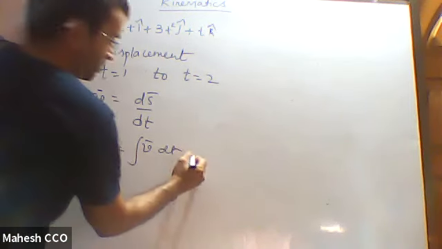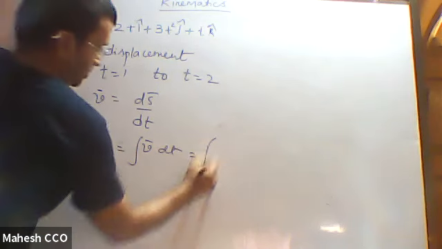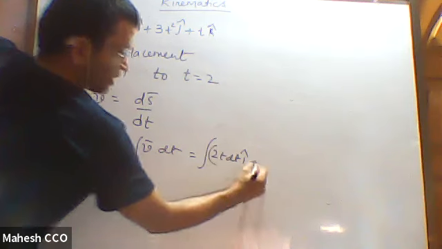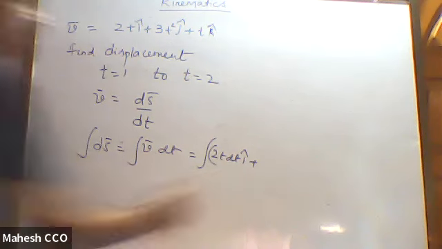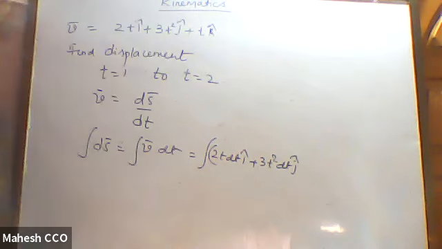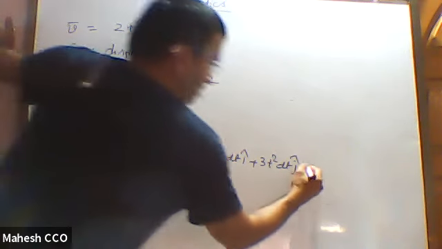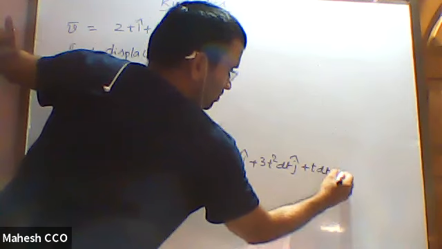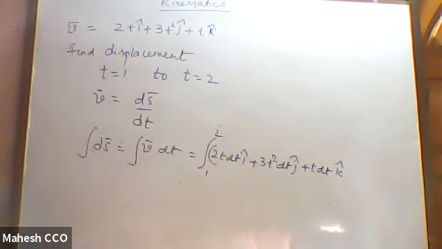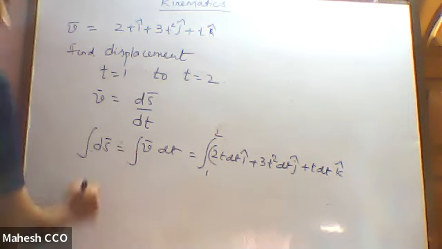So that is integration of 2t dt i cap plus 3t square dt j cap plus t dt k cap from 1 to 2.